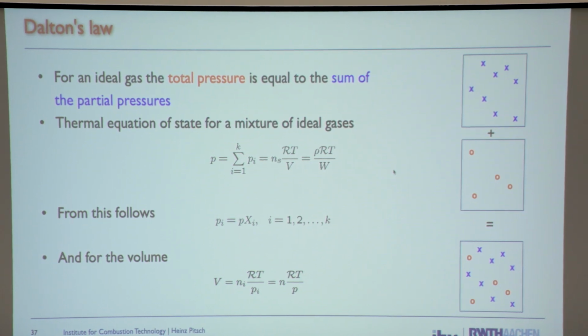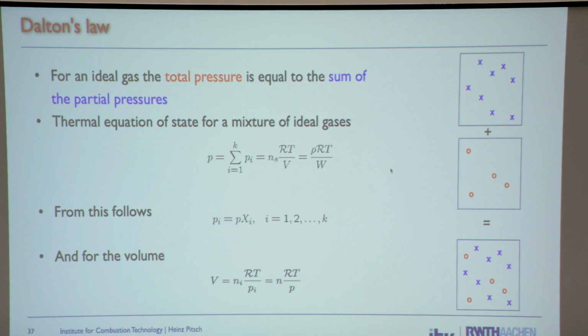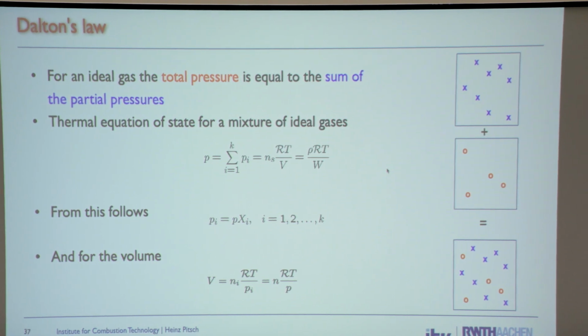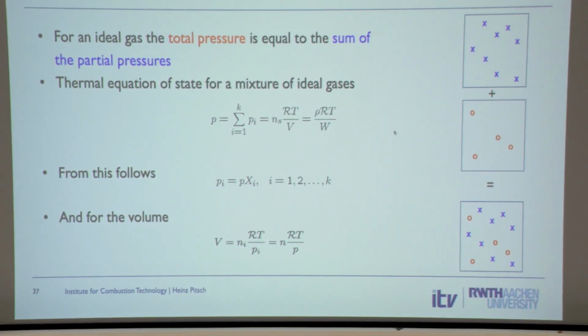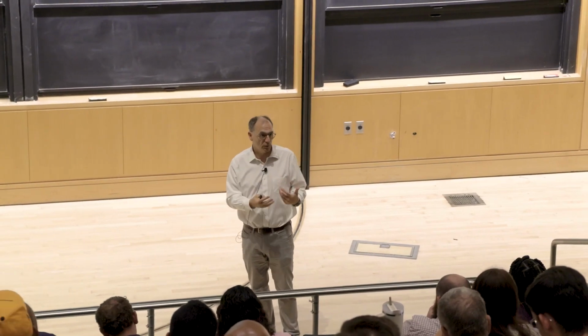So that's very important. In the lab, when you want to mix together a certain mixture in terms of mole fraction, you just do it by the partial pressures.